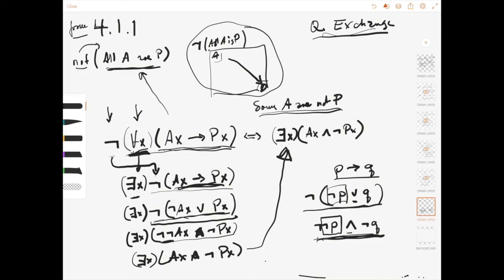And what we've done using the quantifier exchange rule plus the usual axioms of our system of propositional calculus is we've been able to show that if we start with the negation of a universally quantified proposition, through a series of steps, we can demonstrate that it is logically equivalent to the form that would correspond to O. Or to make a long story short, it's not the case that for any X, A of X implies P of X is logically equivalent to, there is at least one X such that A of X, but not P of X.